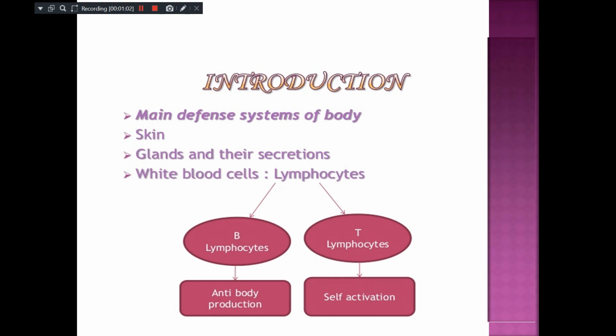Now, in the main defense system of the body, there are certain things apart from these cells. First one is the skin. Skin is a physical barrier for the entry of any of these antigens or pathogens. Most of the time the pathogen does not enter our body through the skin.